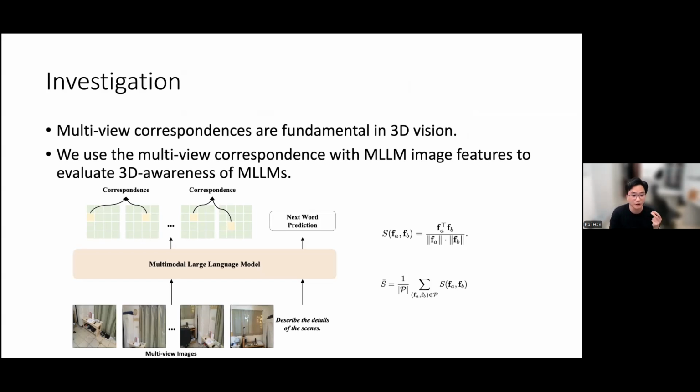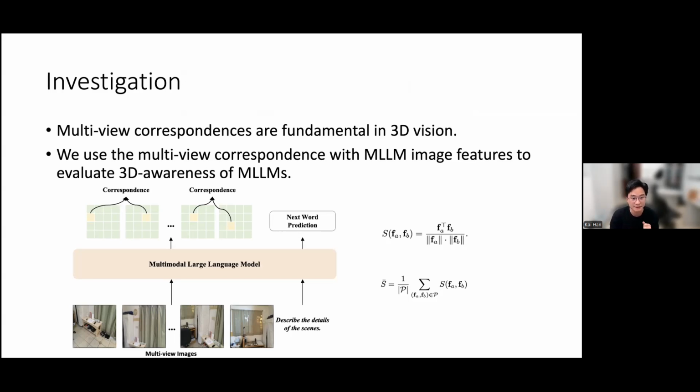The vehicle we eventually settled on is multi-view correspondence, because it is the fundamental cue for 3D modeling, especially in geometry-related methods like triangulation, bundle adjustment, and structure from motion, all these techniques backed by geometry or spatial information. We need to use the correspondence. Correspondence is really a fundamental problem in the vision community itself as well.